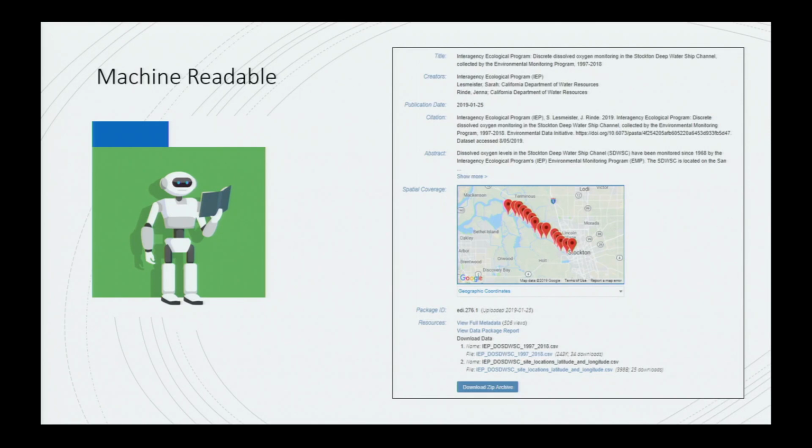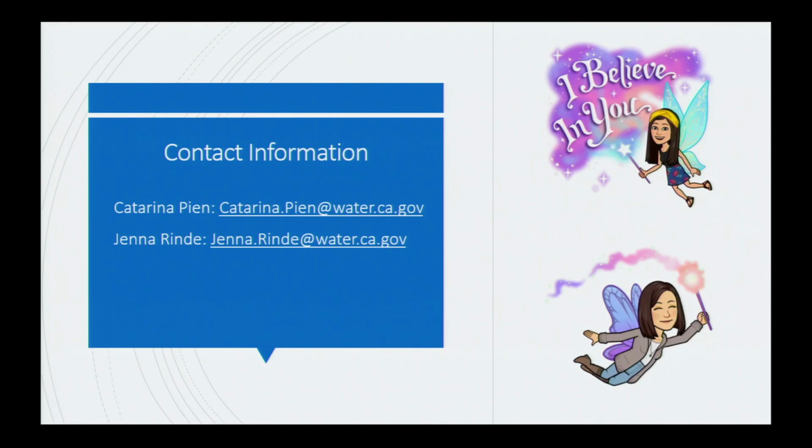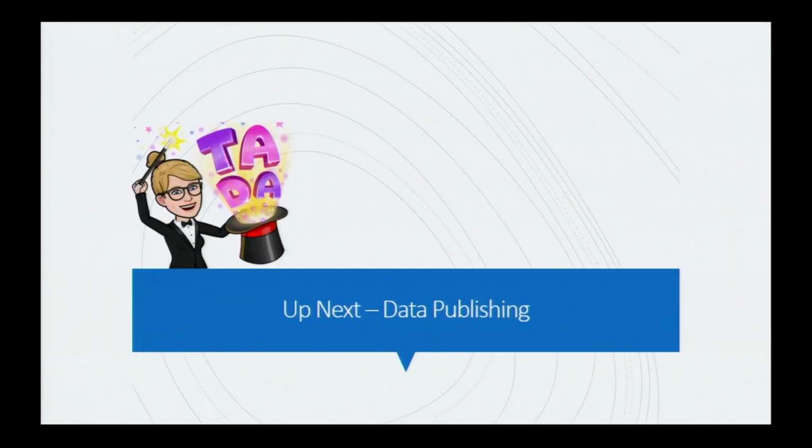And so we're kind of setting up the stage for Melinda. We just talked about the Word document here, but she's going to take it from here and make it machine readable. This is an example of my data set on the Environmental Data Initiative. And with that, we'll take any questions you have, and Melinda will continue the magic.